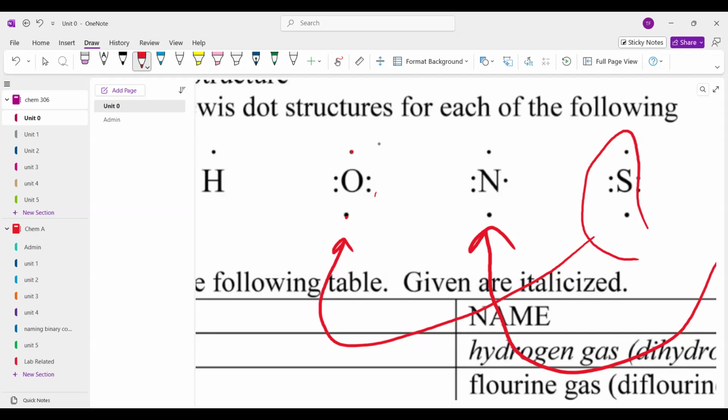So what happens is it's looking for another element with a singleton, like hydrogen. We get a singleton, singleton. Oh, we can form a bond. There's another hydrogen over there. And guess what we just formed? Water, H2O.